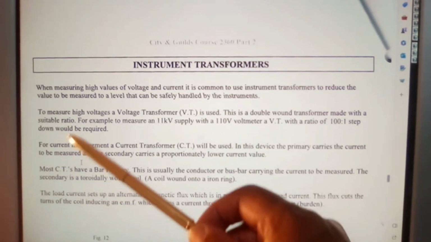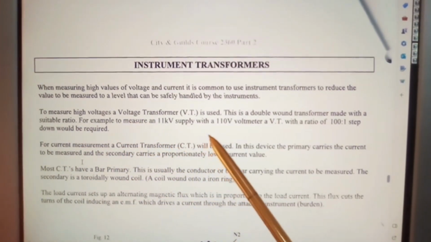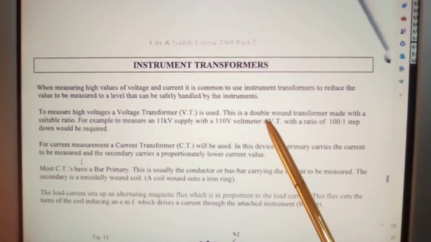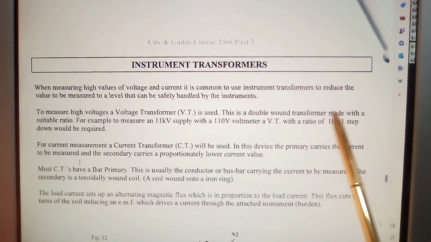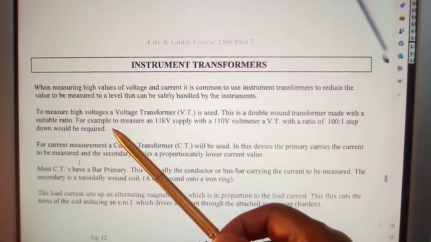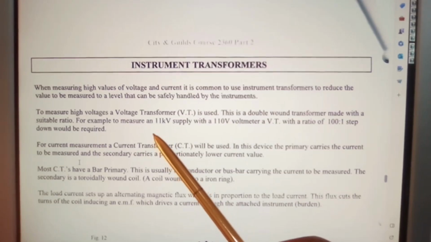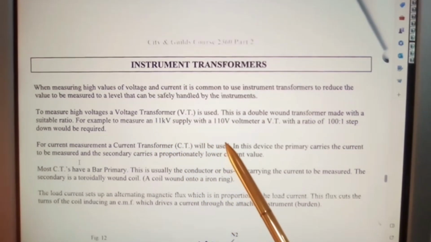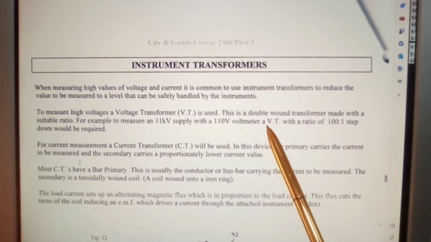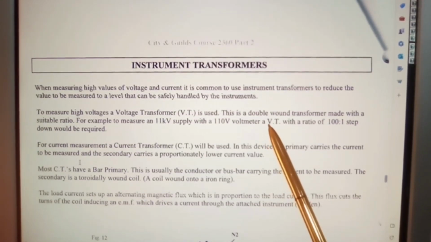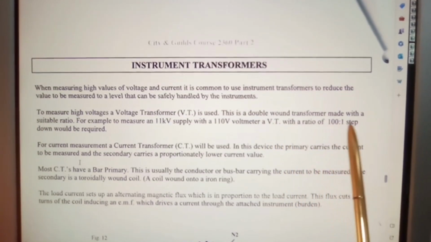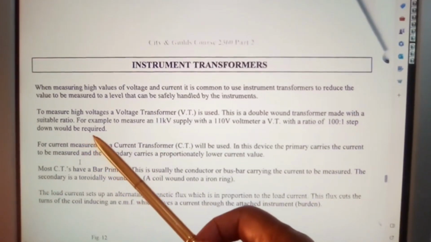To measure high voltage, a voltage transformer, VT, is used. This is a double wound transformer made with a suitable ratio. For example, to measure an 11,000 volt supply with a 110 volt voltmeter, a VT with a ratio of 100 to 1 step down would be required.